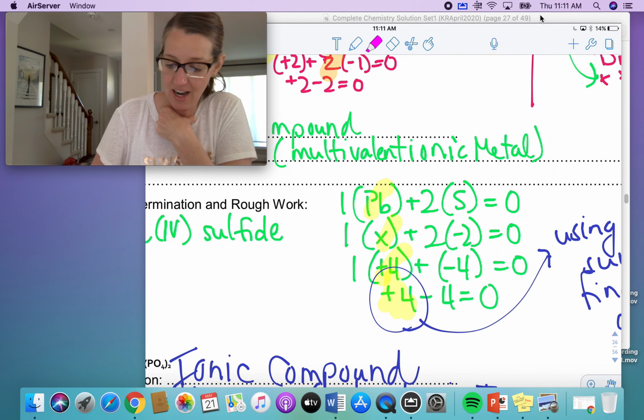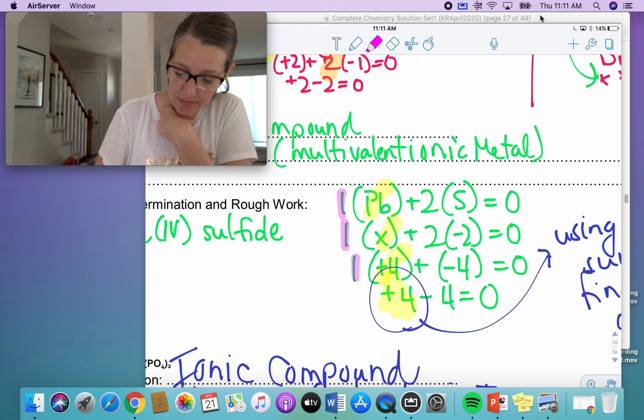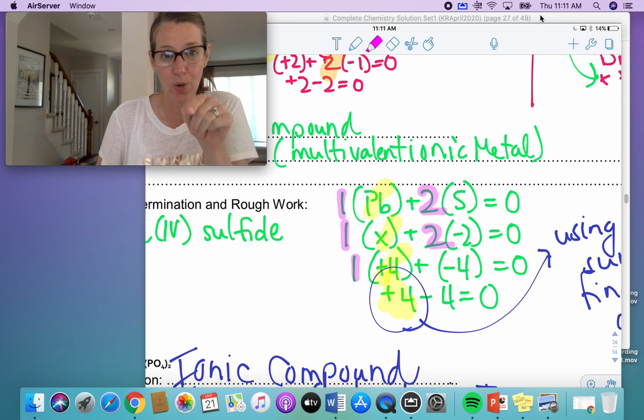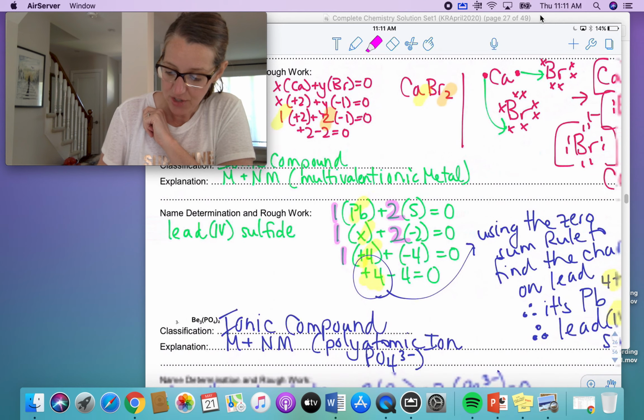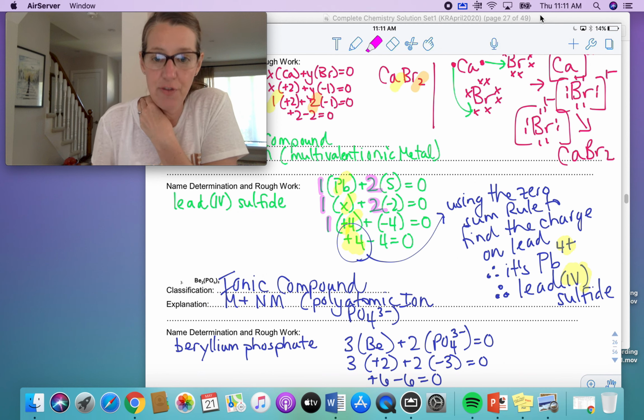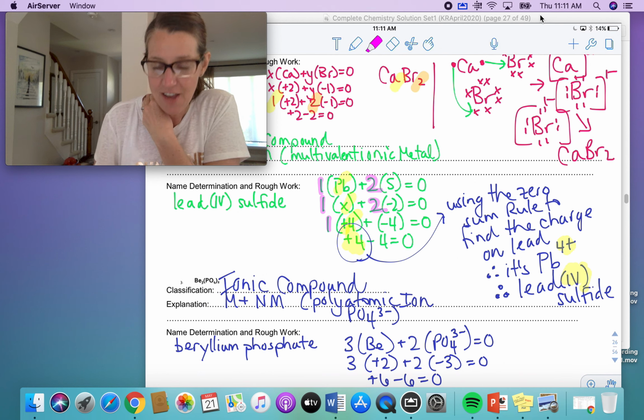I know that I have 1 lead and I know that I have 2 sulfurs. So now you're trying to figure out what the charge of the ion of the lead was. And so you use the zero-sum rule here to figure out that it's lead 4. So therefore, when you do the name, it's lead 4 sulfide. If you can do that math in your head, then you're good to go.